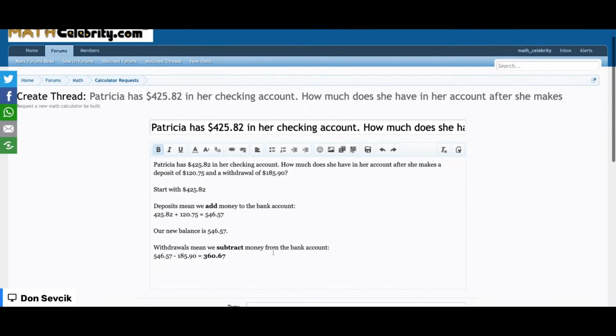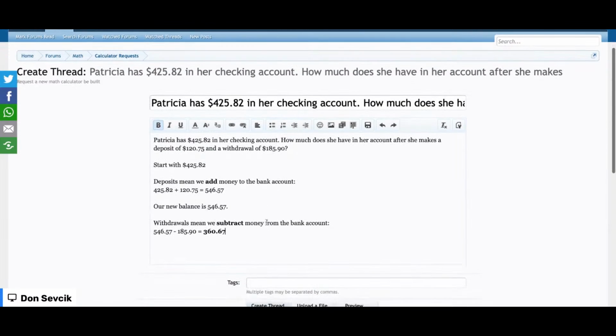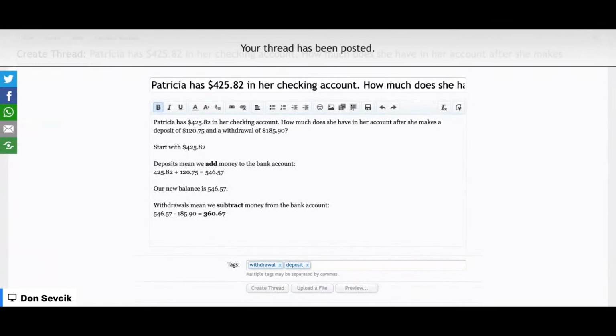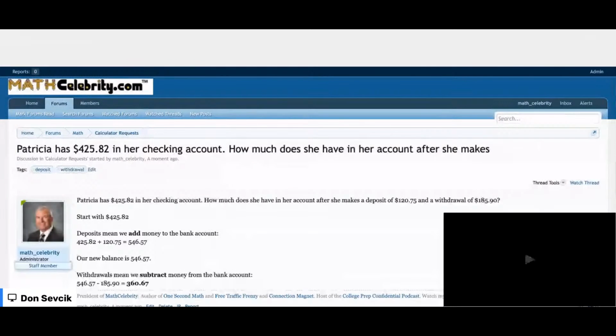So the key here was deposits mean you add, withdrawals mean you subtract. Anytime you have checking accounts or bank balances where they have withdrawals and deposits, if you know those two facts, you are unbeatable with those problems. That's it. So that one is done.